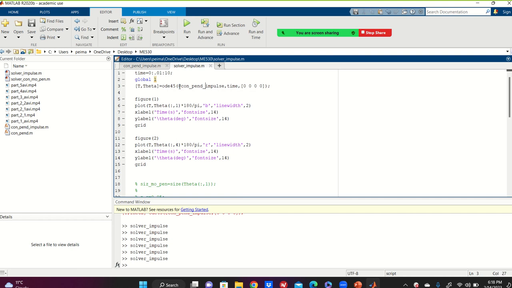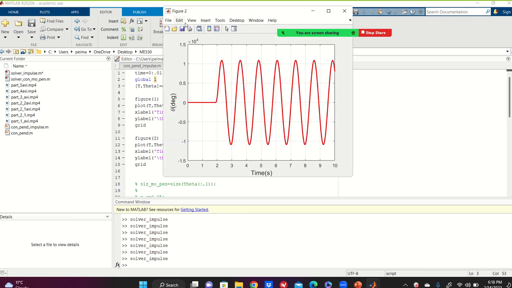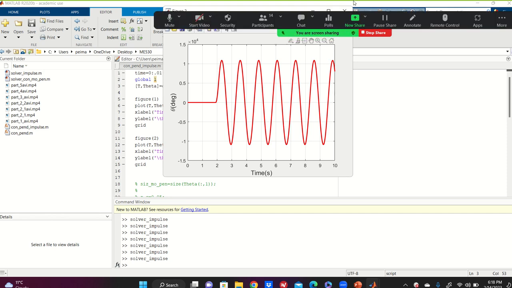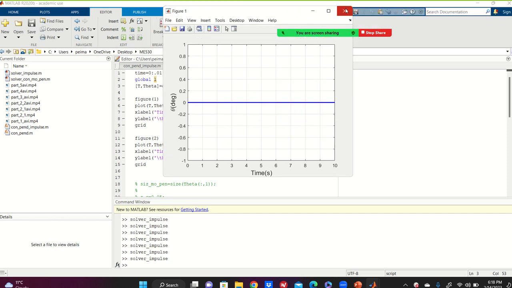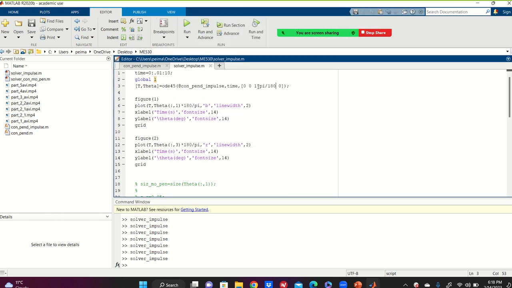Oh, it's calling. The problem is I don't know why it's not plotting the third column. 0. Let me put this 1. Oh, okay. That works. But it must go with the 0 even.